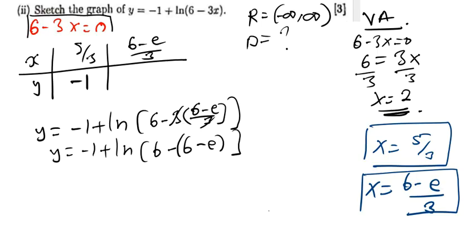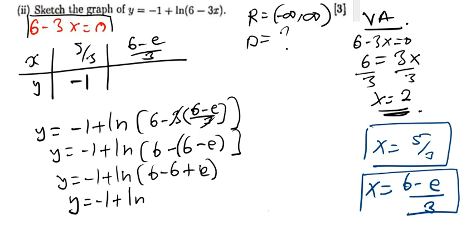If I open the brackets, it will be 6 minus 6, then negative times negative is positive e. So y is equal to negative 1 plus natural log of, these cancel and I have e. So y is equal to negative 1 plus natural log of e, which is 1. ln is always in base e, so natural log of e in base e is just 1. Therefore y is 0.